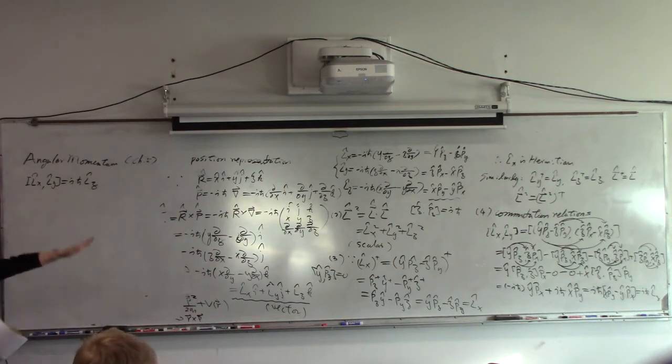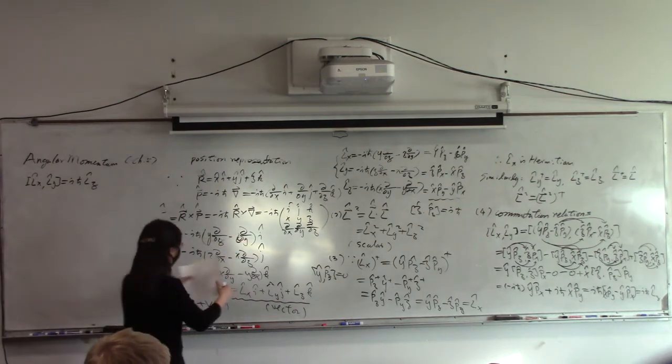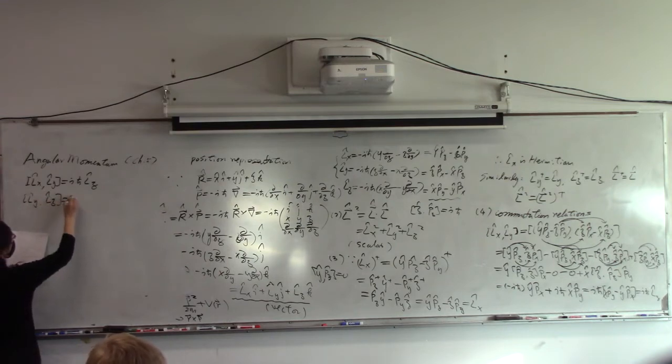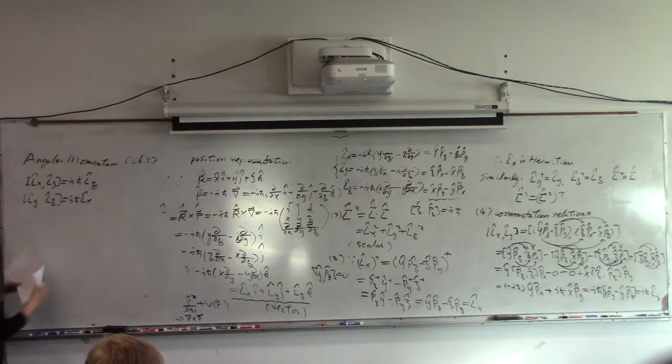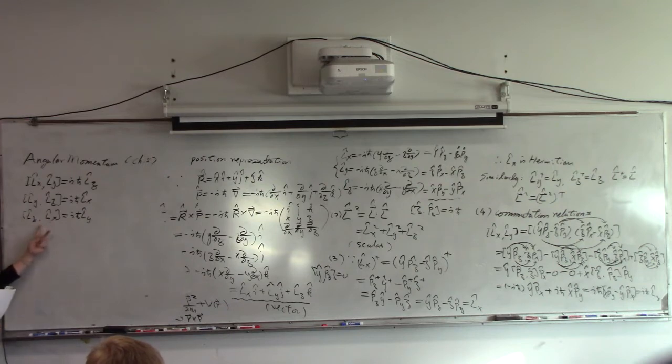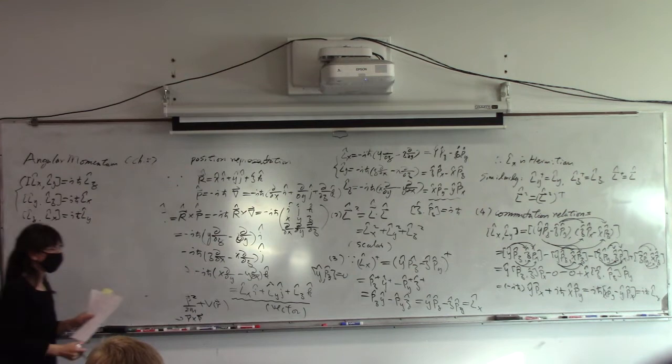Similarly, you can do the others yourself. For example, Ly with Lz is i h bar Lx. So y to z to x, that is counterclockwise, right? Then [Lz, Lx] is i h bar Ly. If you change the order, you just get the negative back. Okay, that is a very important commutator relation.